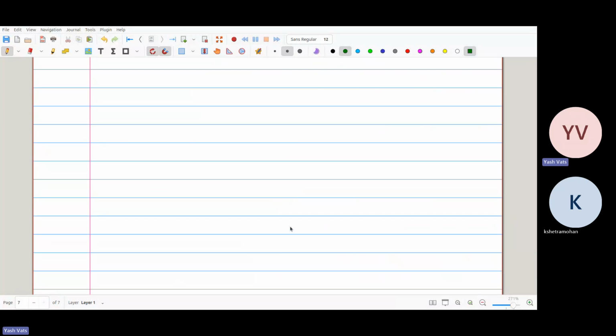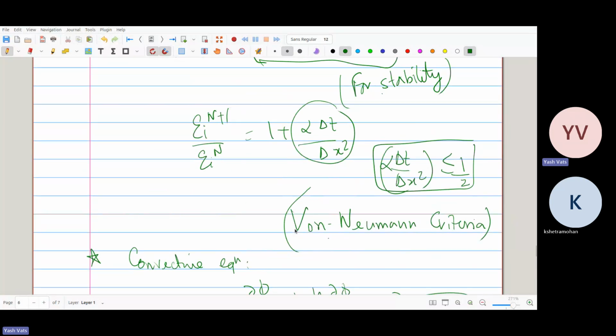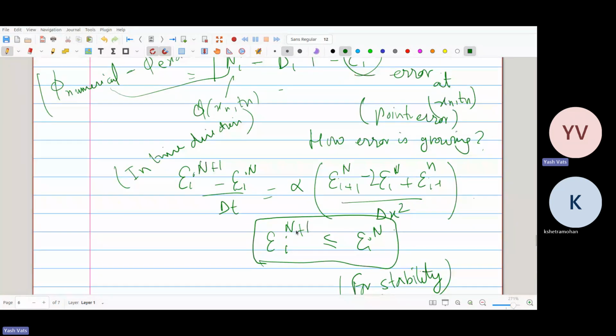Okay, so what is the method of... I just want to mention one thing. It's these types of schemes that you have studied or seen, these kinds of explicit schemes. What is explicit?